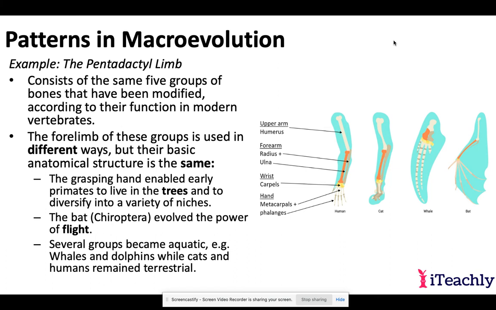Looking at the humerus, the radius and ulna, the carpals and the metacarpals and phalanges, all of those are present within the cat, the whale, and the bat. But again, they're used for different purposes, and therefore they have evolved and changed over time.